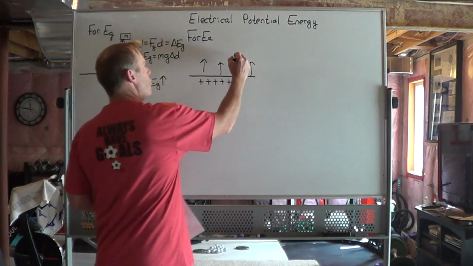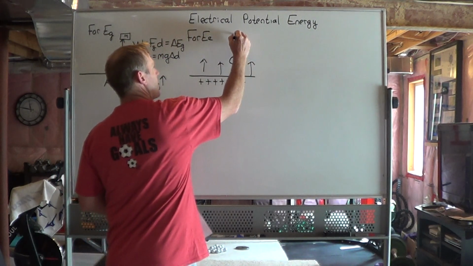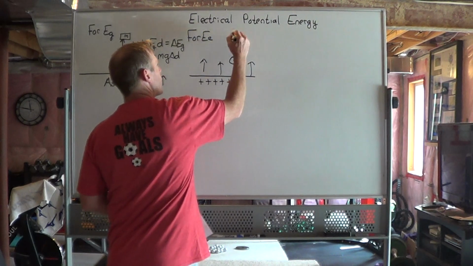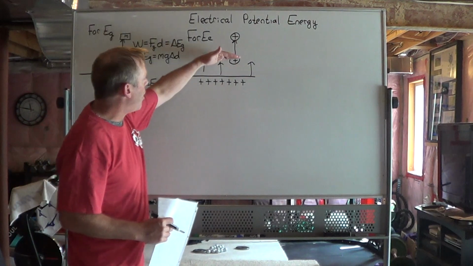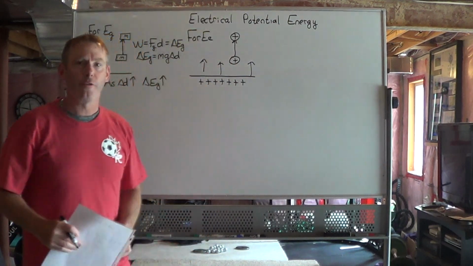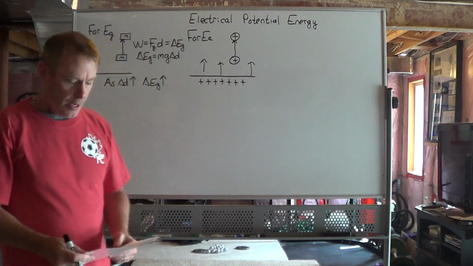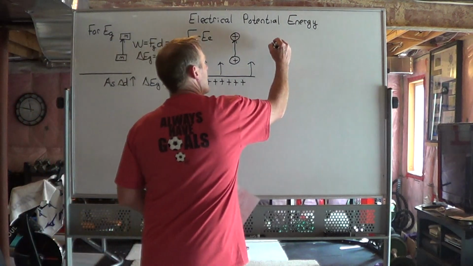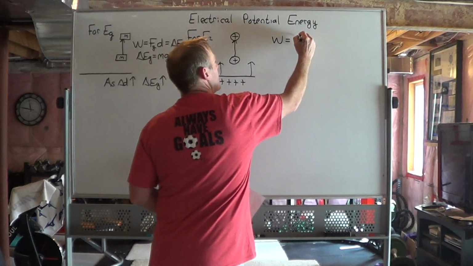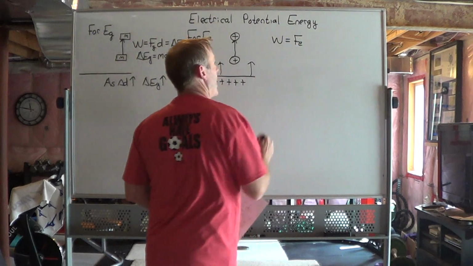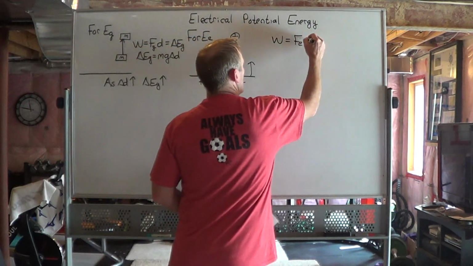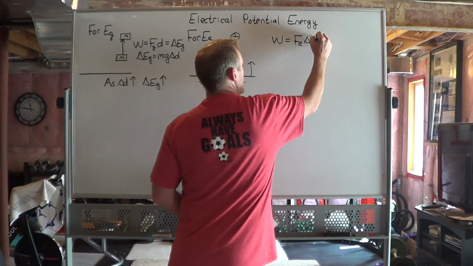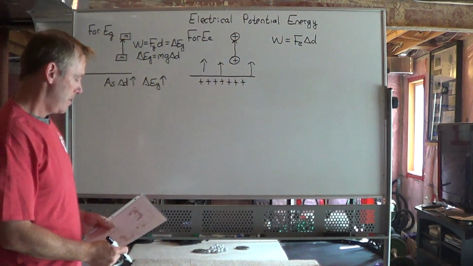And so if I move this positive charge farther away, just like my mass was moved farther away from the ground, I'm going to move this positive charge farther from the positive plate. Alright, and the work that I'm putting in to do that is F times d again, but I'm using the electric force. And again, I'll put my change in distance that I move it.